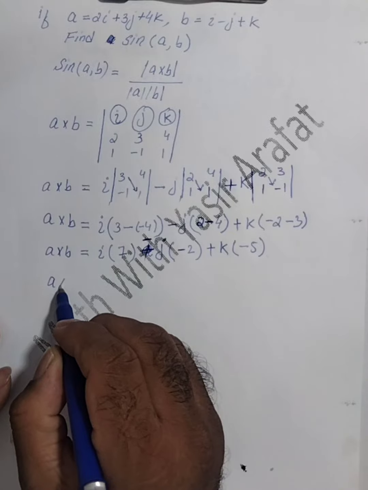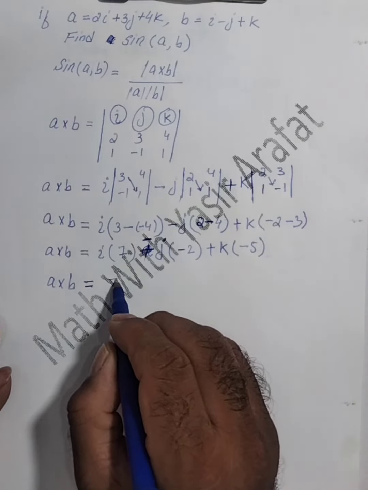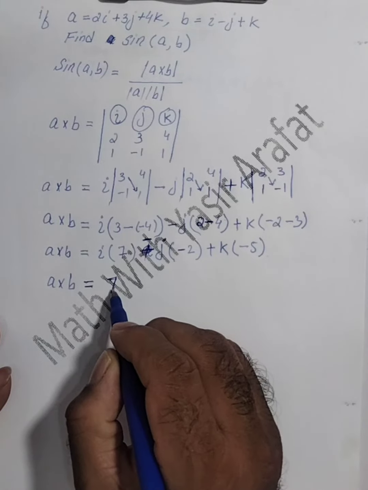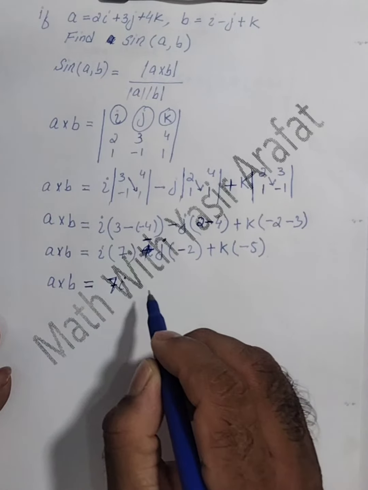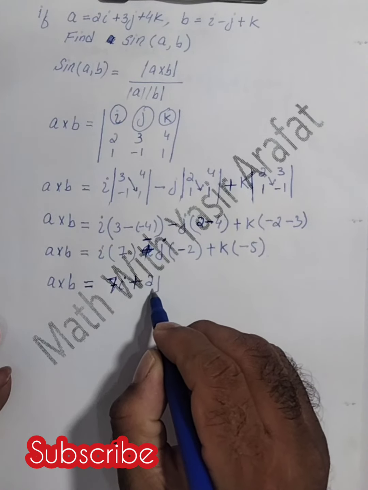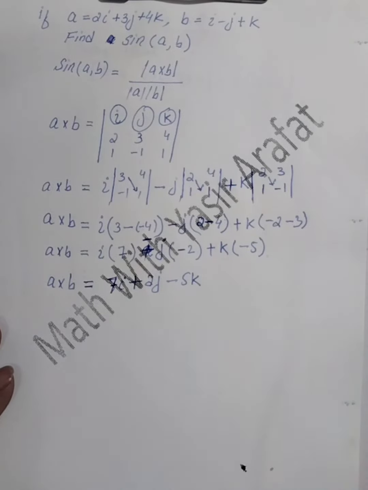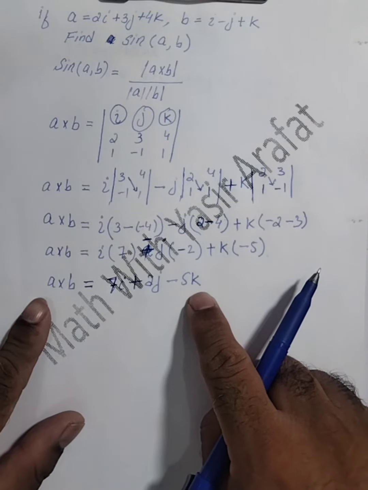So A cross B is 7i minus minus plus 2j and minus plus minus 5k. So this is A cross B.